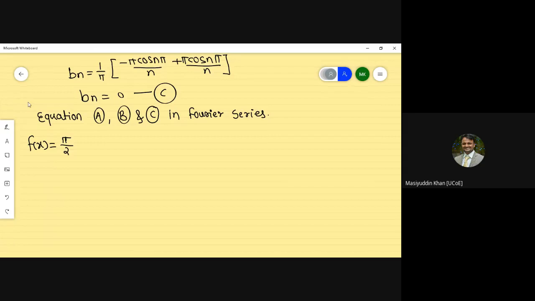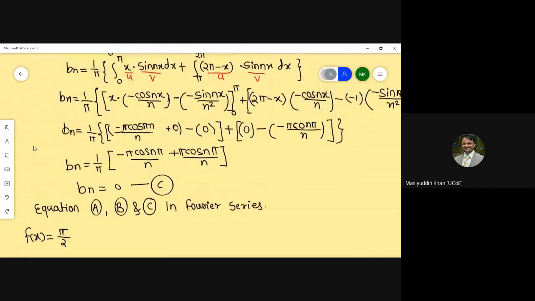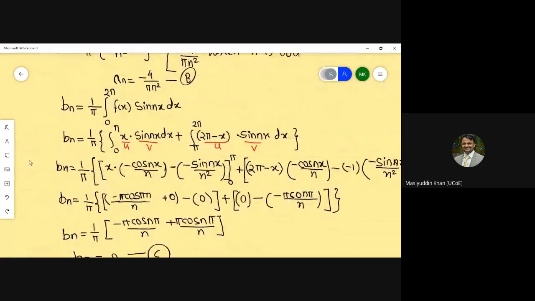Now bn तो जीरो है तो वो तो जीरो हो जाएगा पूरा पार्ट. सिर्फ अभी an का वैल्यू हमको देखना है. -4 by pi n square.